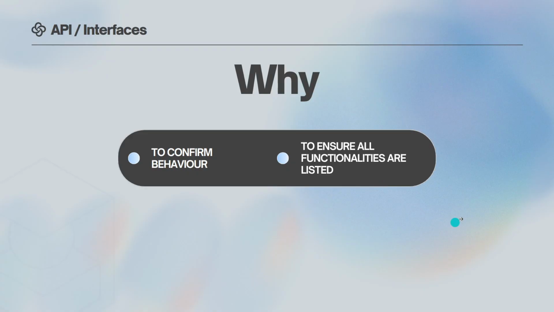And of course, we need to ensure that all functionalities are listed. So if we have 5 different features and those functional requirements provided, somehow we need to fulfill them. And usually we fulfill them through this API, through some interfaces. And we need to show to the interviewer, okay, those are all the calls, all the API that is required by us to fulfill all those requirements.